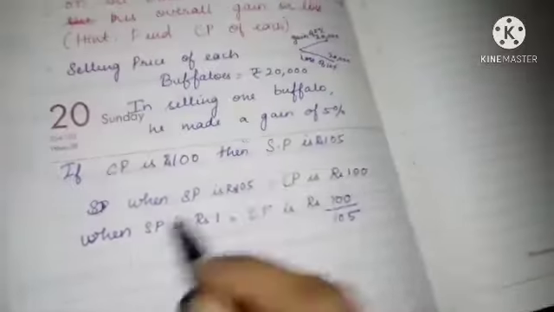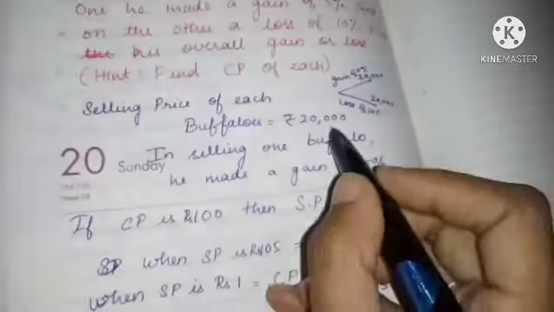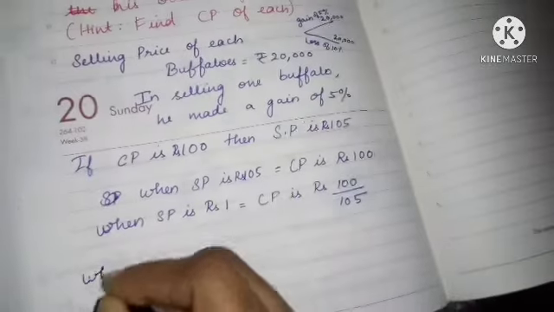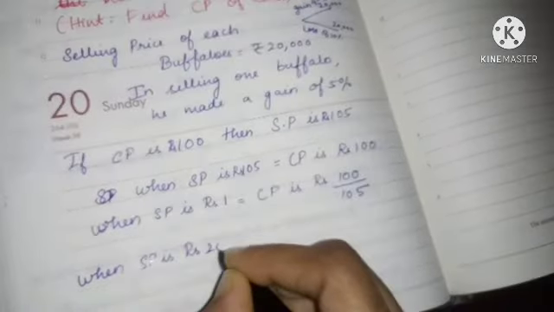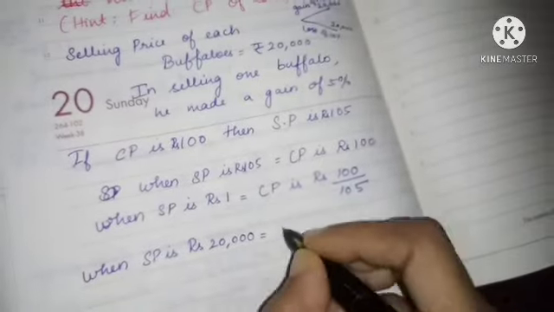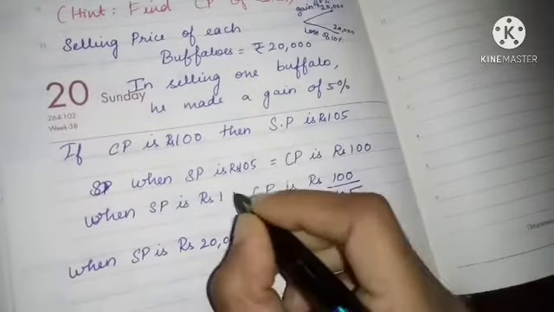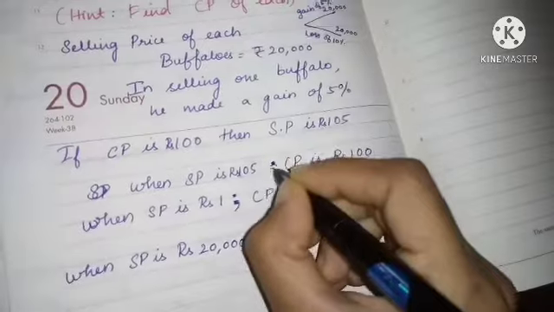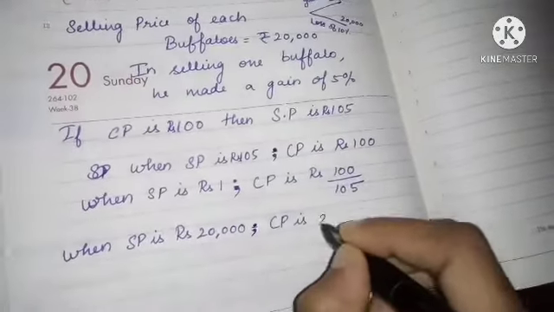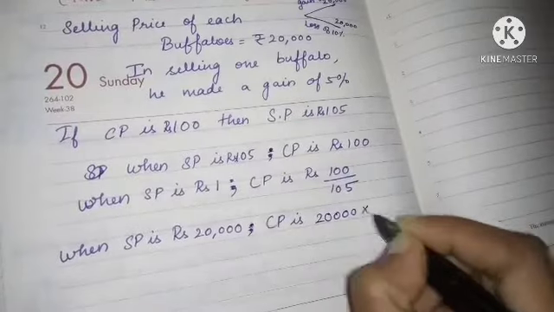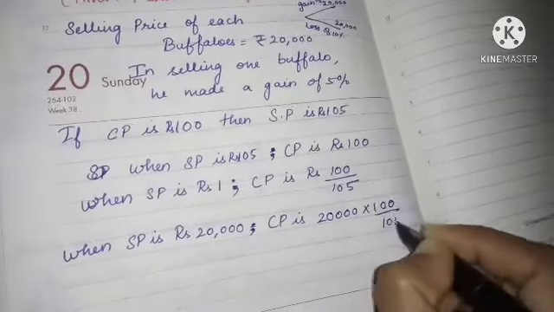Yes. Now, what is the actual selling price of the buffaloes? 20,000. So when selling price is rupees 20,000, cost price is 20,000 into 100 by 105.